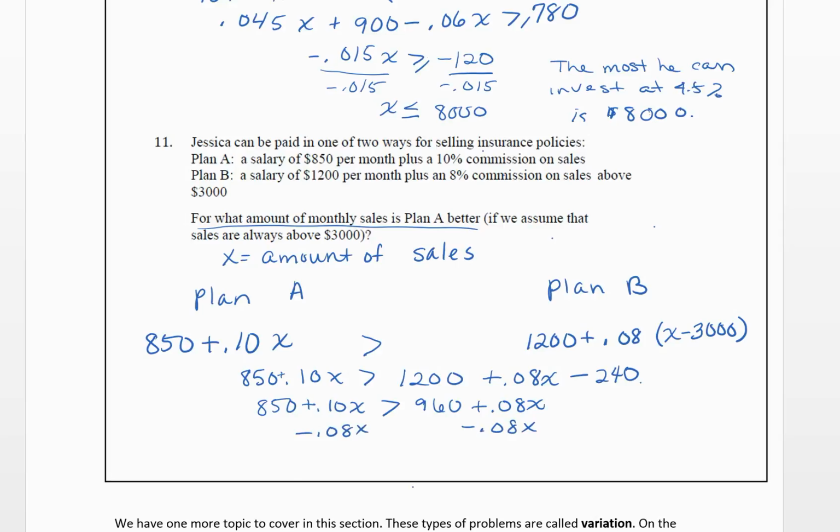And we're going to subtract this 850 from both sides. So we're going to have 0.02x is greater than, so we have 960 minus 850, 110. So now we need to divide both sides by the 0.02.